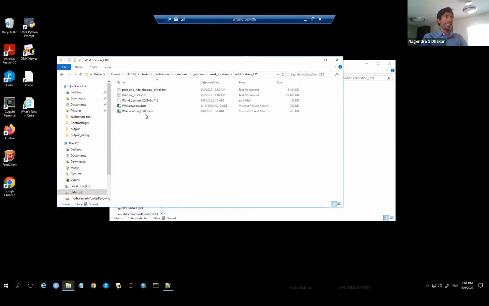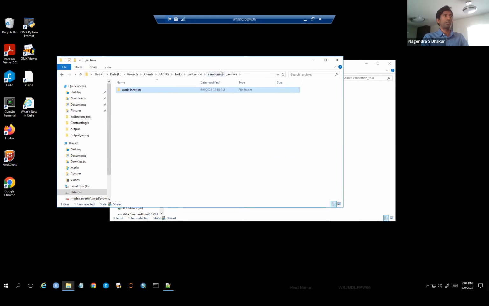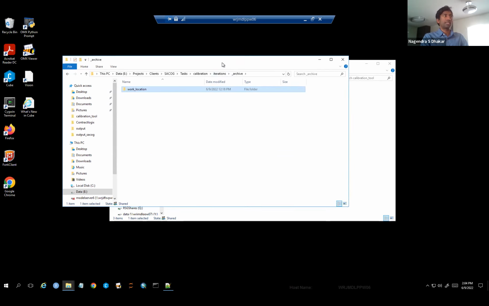You can go to iteration 8 and see if that looked correct or not. So I don't think storing the calibration rounds has a major impact on disk space, but it provides a lot of benefits for the future.